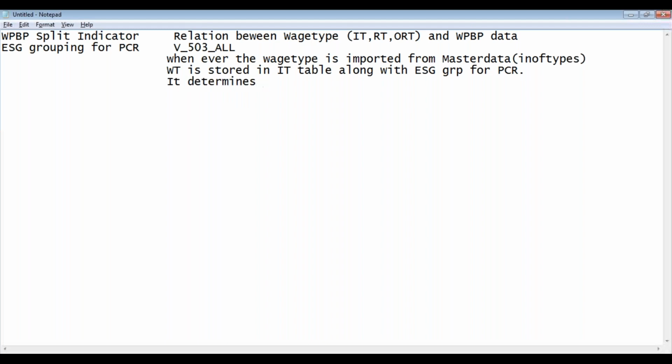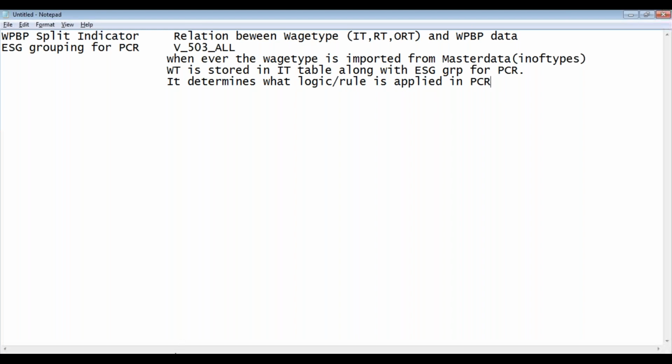What is the purpose of this? It determines what calculation rule is applied in the PCR, or what logic or what rule is applied on the PCR.